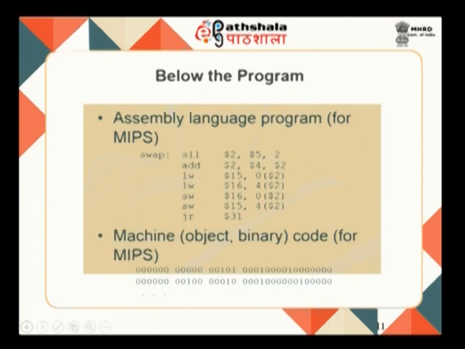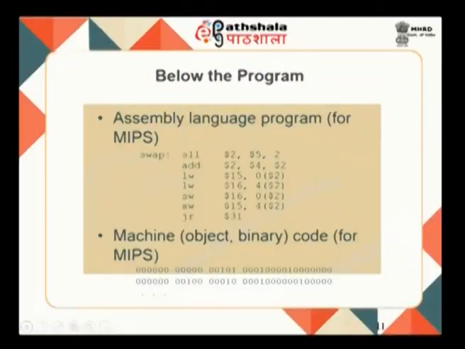Now, this will finally be converted, because SLL and add are English-like, and this is again not understandable to the processor, because the processor is after all made up of digital components which can understand only zeros and ones. So, this assembly language will have to be finally translated into machine language or object code which consists of zeros and ones.